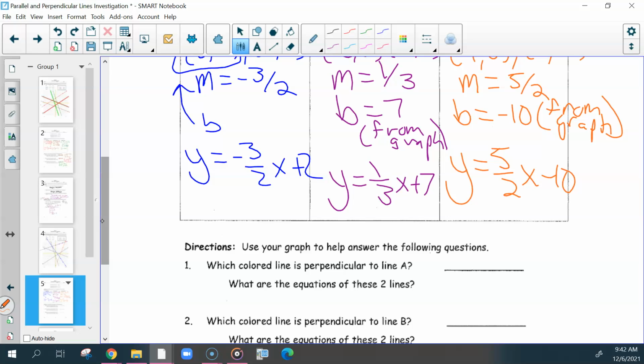Okay. From a graph perspective, does anyone know how 2 lines would be perpendicular? They do cross, but there's something specific about the way they cross.